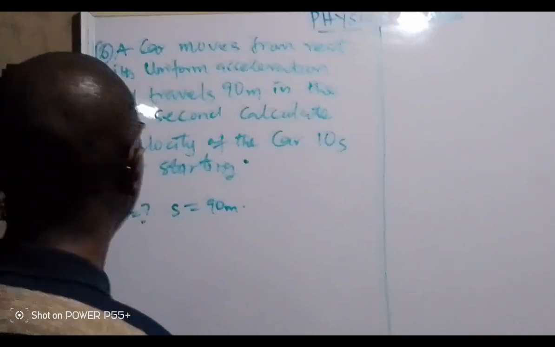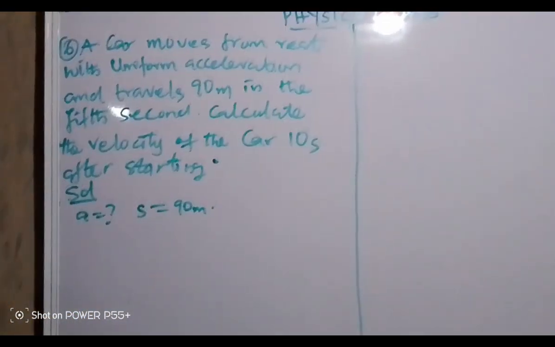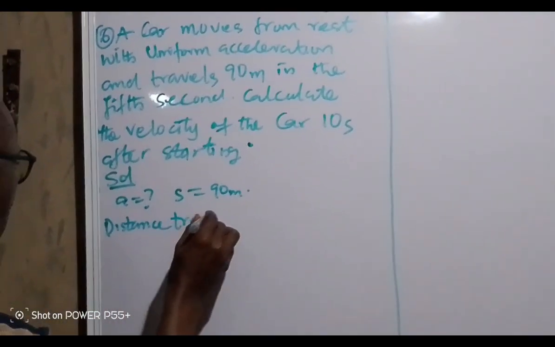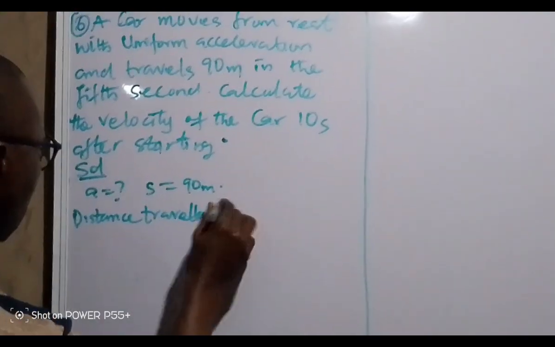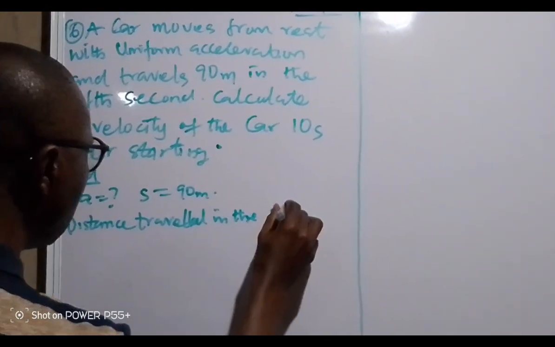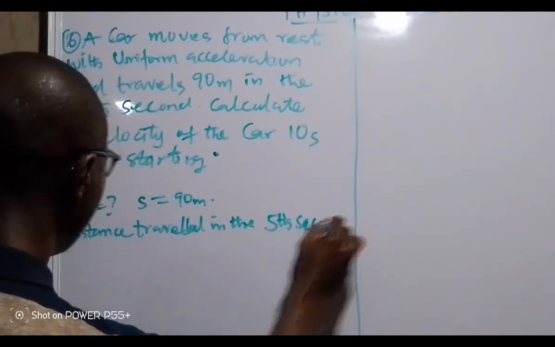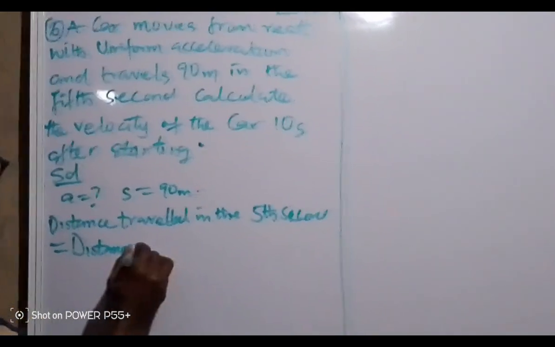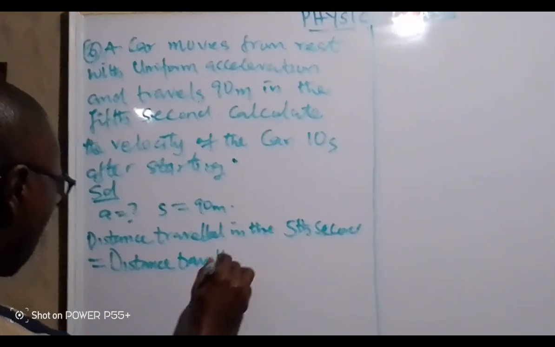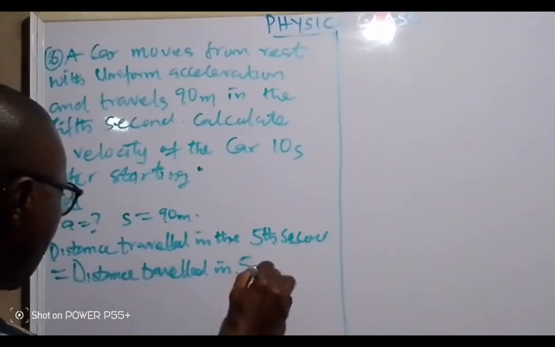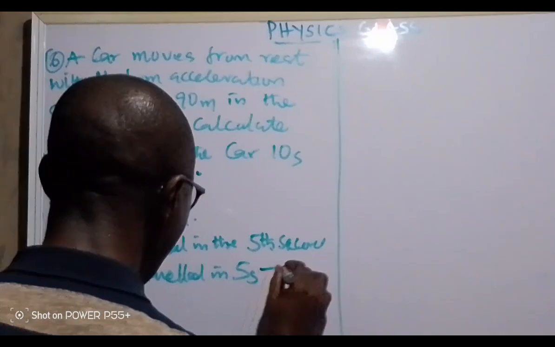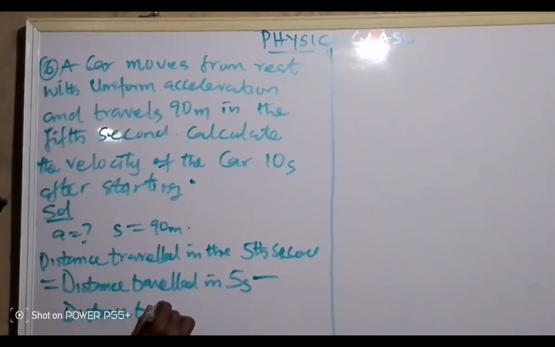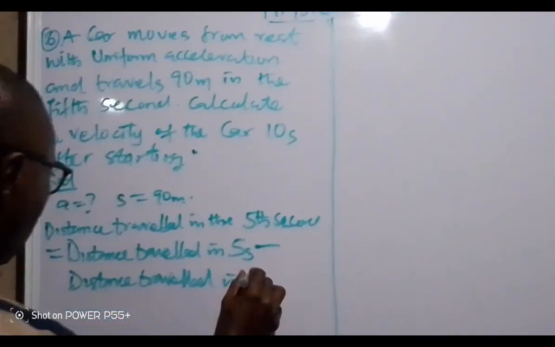But in the 5th second, you can now say that the distance traveled in the 5th second will be equal to the distance traveled or covered in 5 seconds minus the distance traveled in 4 seconds.